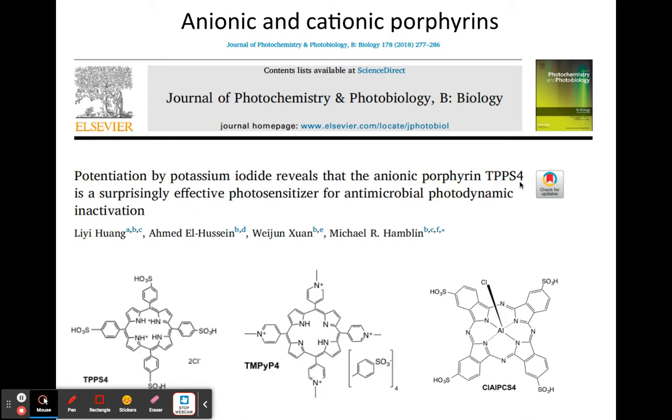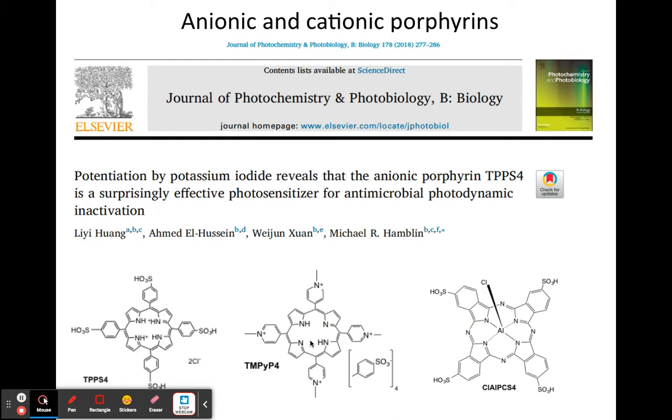We had 2 tetra-substituted porphyrins. One was tetrasulfonate, so it was anionic, and the other was a tetrapyridinium salt, so it was cationic.